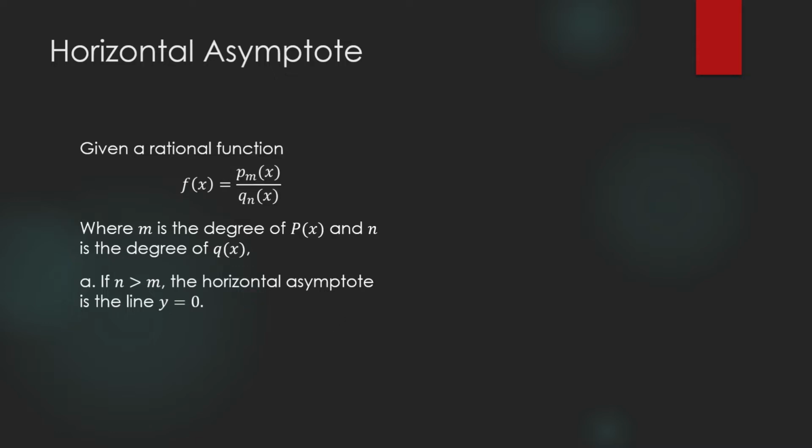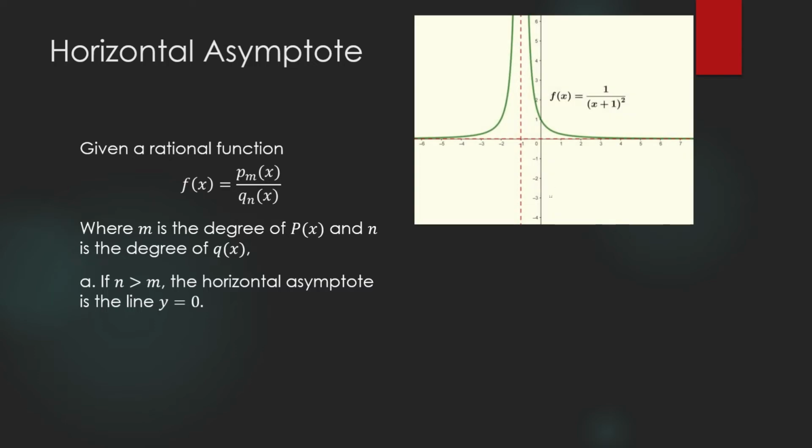For example, this one is a rational function in which the numerator is a constant function. It is a polynomial function of degree 0. The denominator is a quadratic function. So n here is greater than m. And so in which case, the horizontal asymptote of your function is this line, and that is the line defined by y is equal to 0, okay?